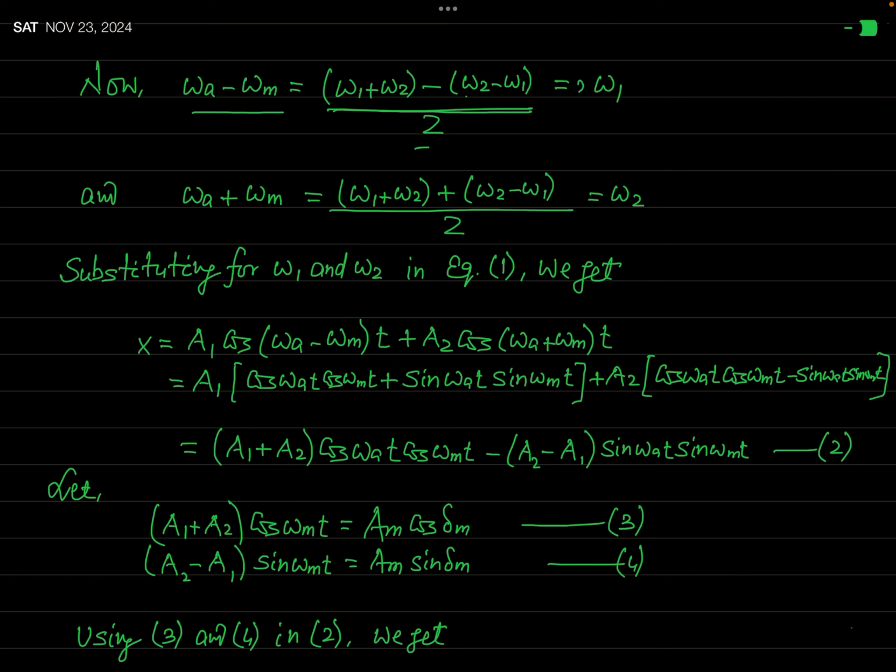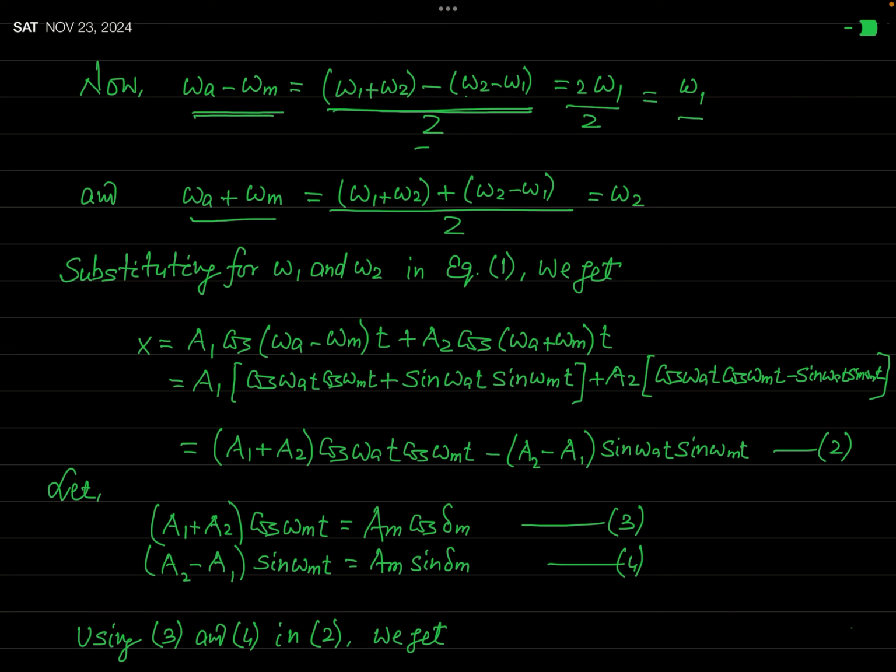So this will be 2ω1/2, and that is simply equal to ω1. So you can see ω1 in terms of ωa and ωm can be written as ωa − ωm.